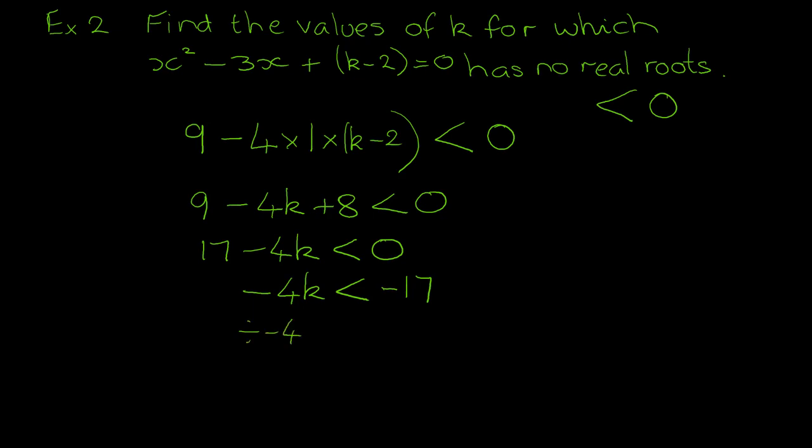Now remember, when we're doing inequalities and we multiply or divide by a negative number, it means that the inequality sign is reversed. So that's going to give us k greater than minus 17 over minus 4. Okay, so k needs to be greater than 17 over 4, which is 4 and 1/4 if we turn it into a mixed number.